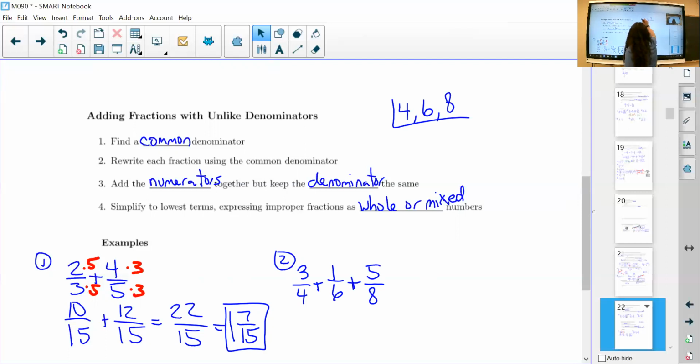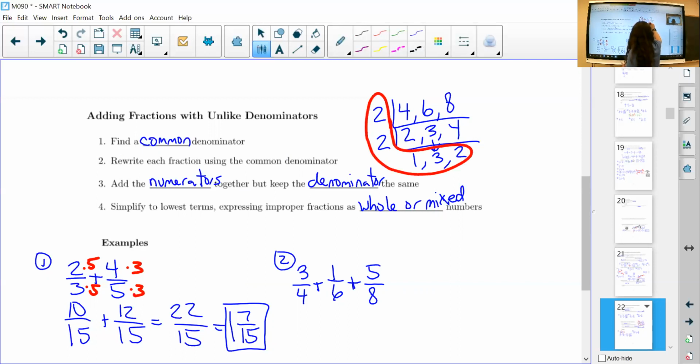I'm going to start by pulling out a 2. Turn that into 2, 3, and 4. Pull out another 2. Turn that into 1, 2, and that 3 drops straight down, remember? It's not divisible by 2. 1, 3, and 2 are all relatively prime. So my LCM, my denominator, is 2 times 2 times 1 times 3 times 2, which I happen to know is 24.